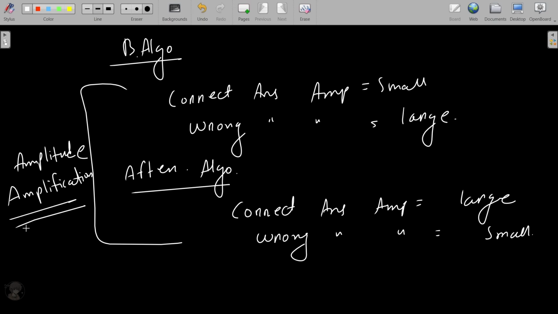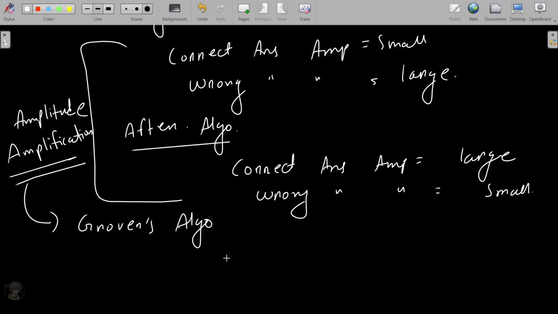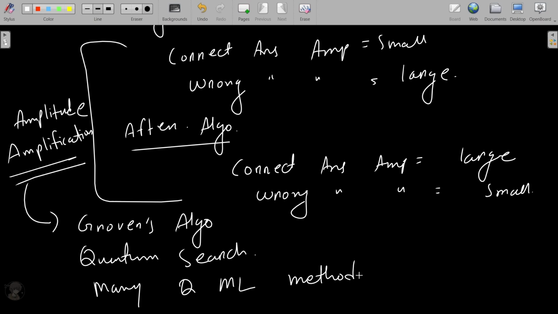This is the principle behind Grover's algorithm, quantum search, and many quantum ML methods. A quantum computer never directly stores the answer. It only changes amplitudes so that measurement is more likely to reveal the correct answer.